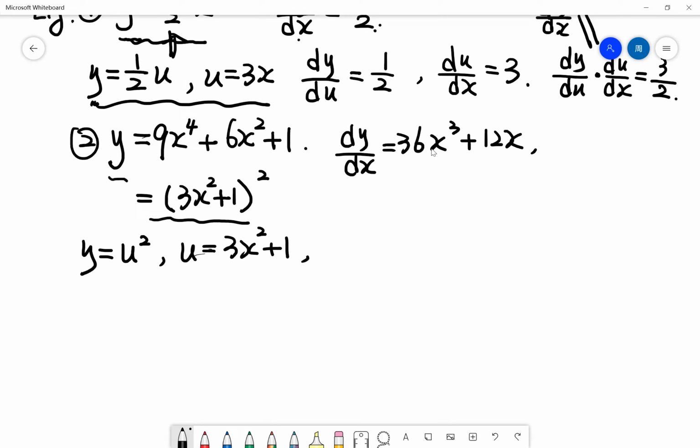So you can calculate by yourself that dy by du equals 2u, right? And du by dx equals 6x.